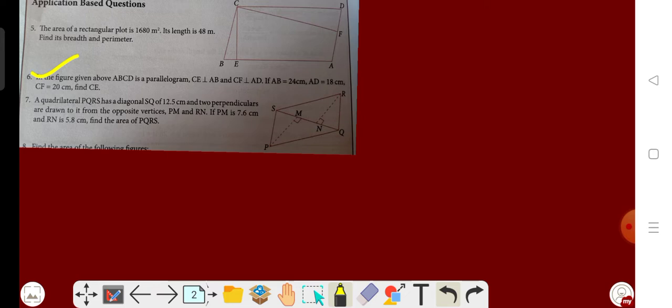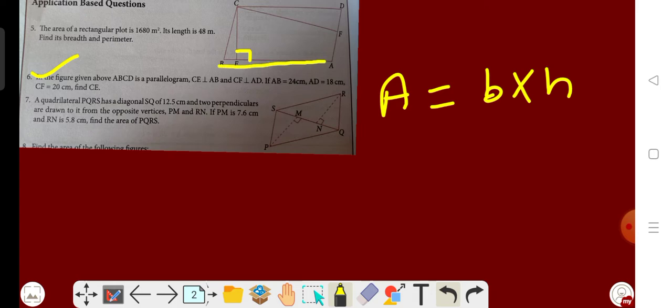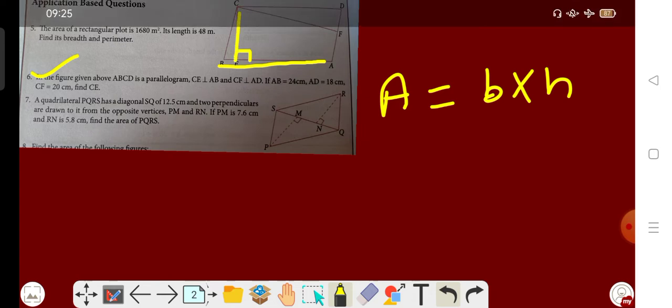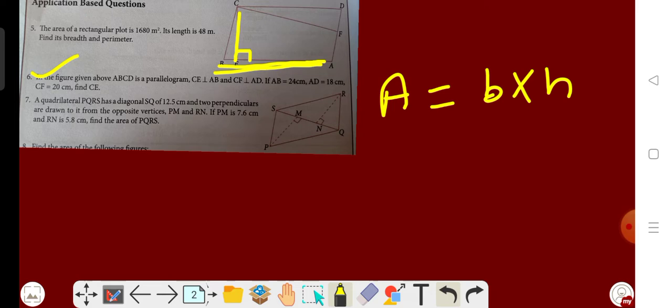In case of a parallelogram, the formula for the area is base multiplied by height. If AB is the base, then CE is the height.